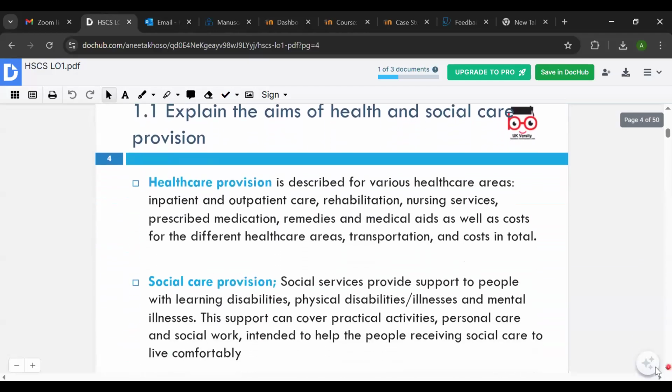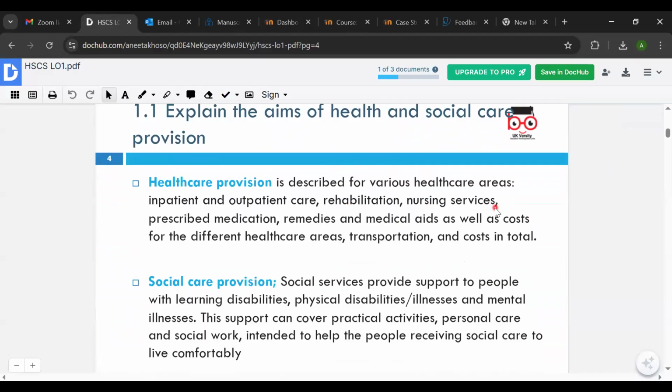Now we go on to explain the aims of health and social care provision. A few of you mentioned that you are associated with social care, and you're also working in the healthcare sector.